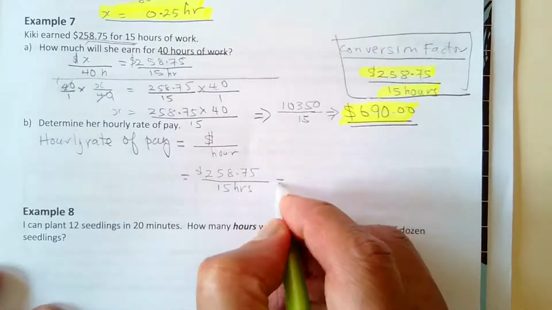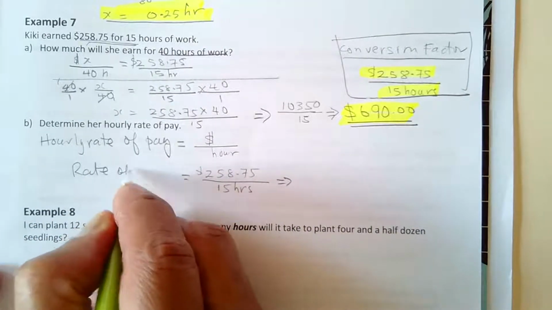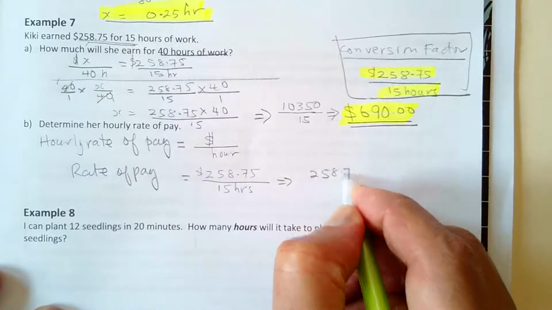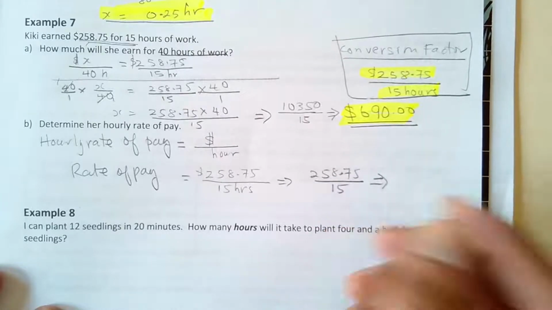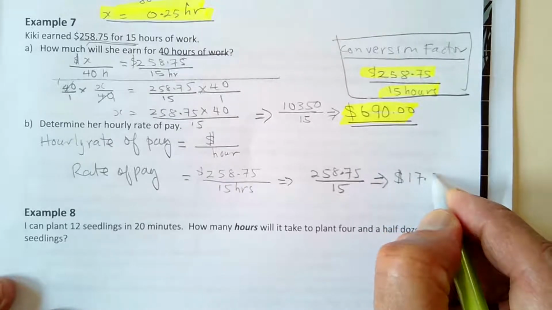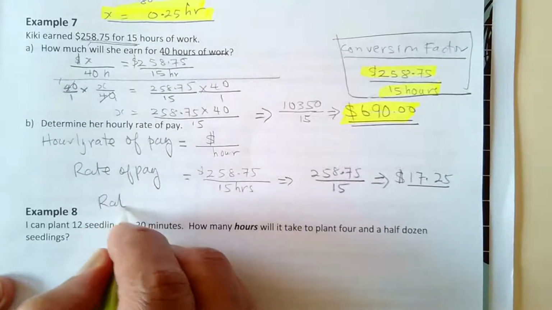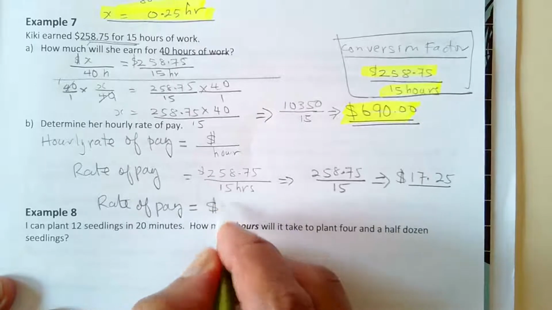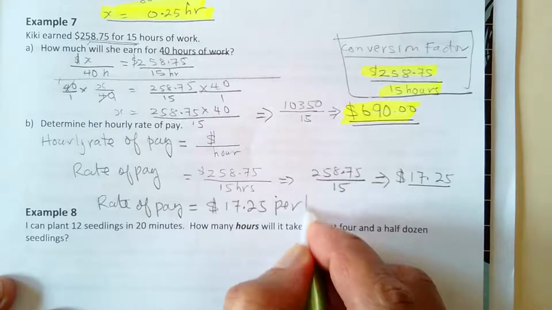So this becomes rate of pay, $258.75 divided by 15, and that will give us $17.25. So rate of pay is $17.25 per hour.